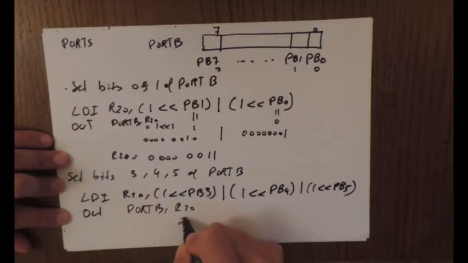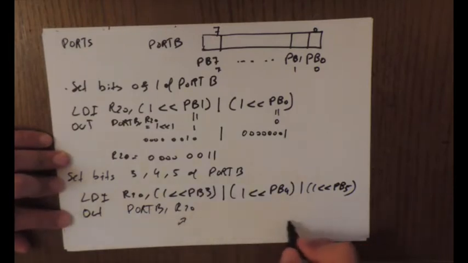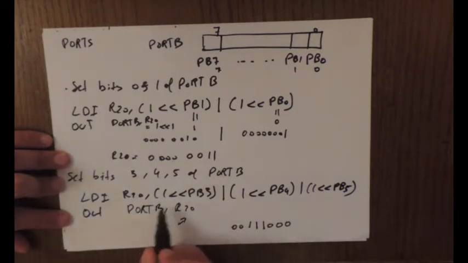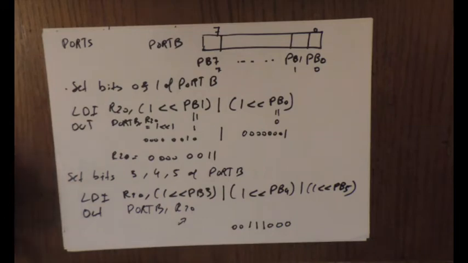So what will be the value of R20? This is PB0, PB1, PB2, 3, 4, 5, then 2 zeros. Okay, so this is a very handy method in order to set some bits in an IO register.